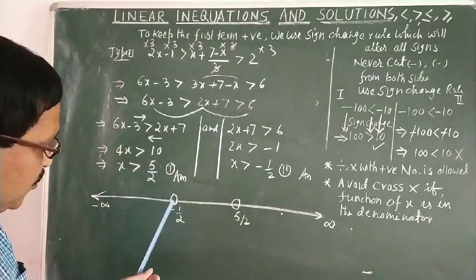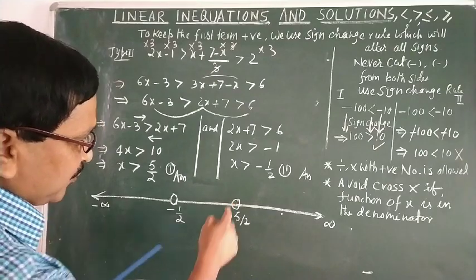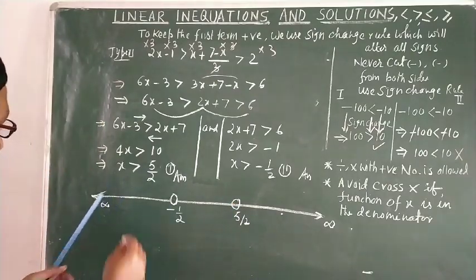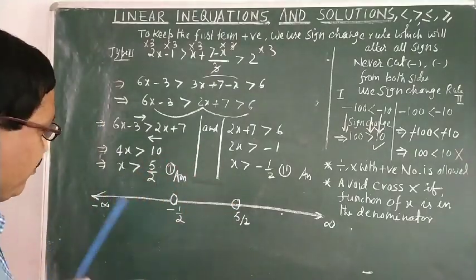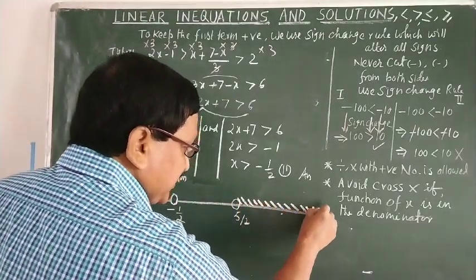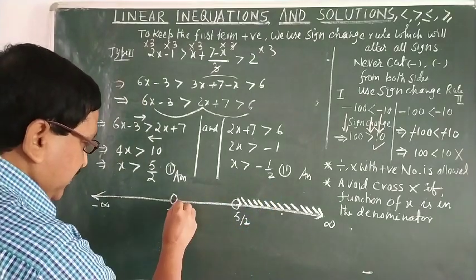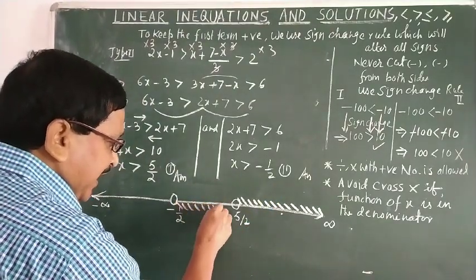We are not supposed to take minus 1 by 2 and 5 by 2. That's why this is not shaded. After that, x more than 5 by 2. More than 5 by 2 means this side. This is your shading. And more than minus 1 by 2 means, again move towards the right side, this.